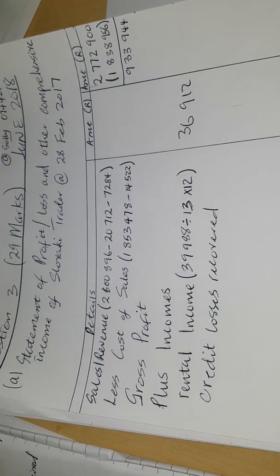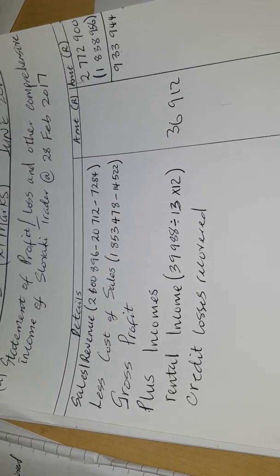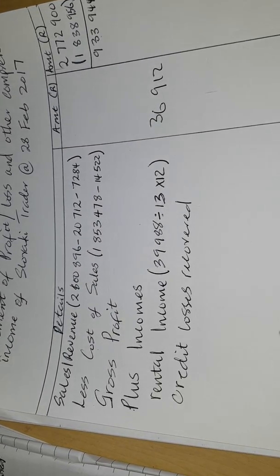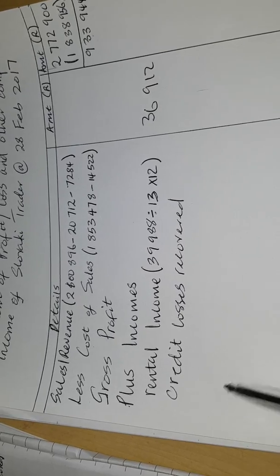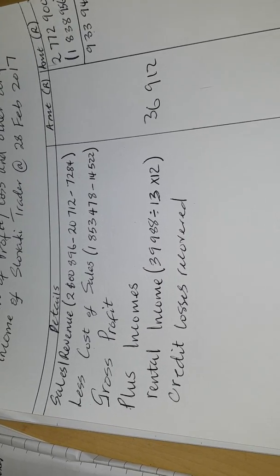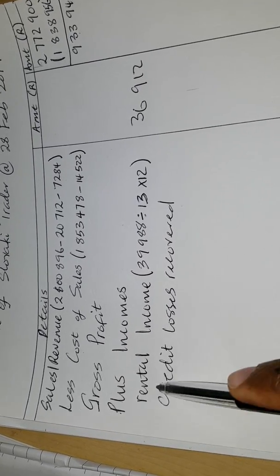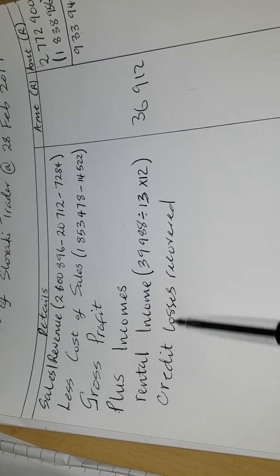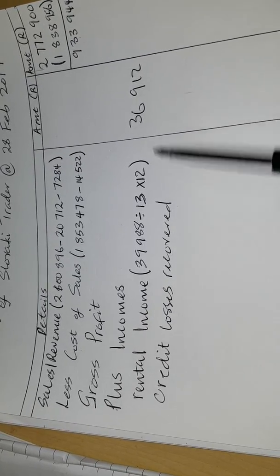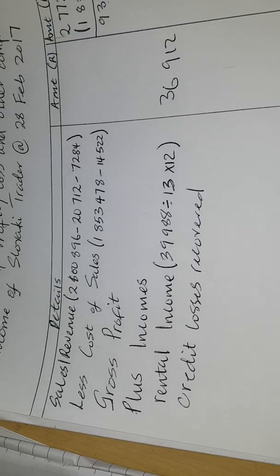Visit page 52 of the study guide of FAC 1501 and go to equity on incomes. You will see the examples. We have a lot of them. We have interest on fixed deposit, commission income, profit for the sale of non-current assets, and so forth.